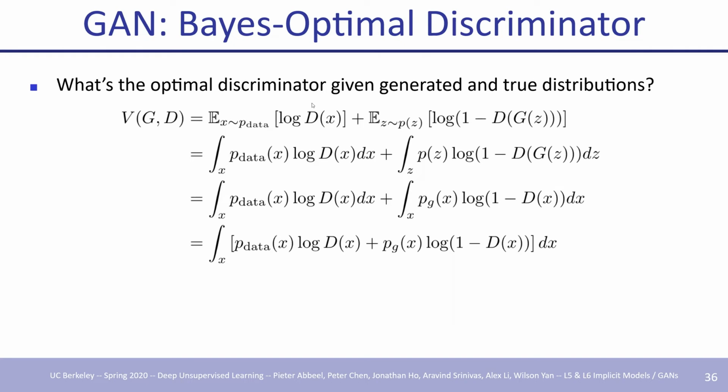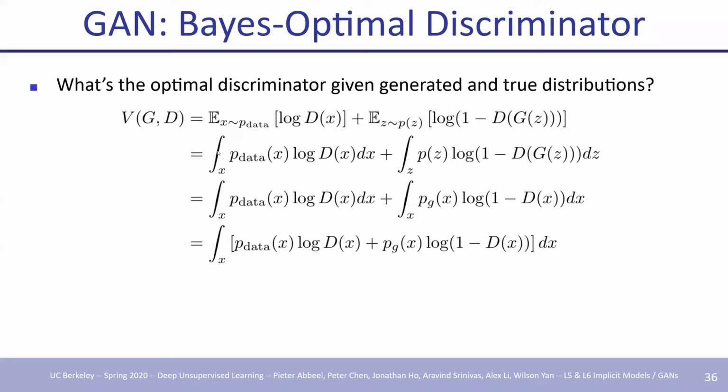We want the discriminator to classify the real images. And this part is the generated images: the expectation over Z from the latent space of 1 minus D, so that it can classify it as fake. So this is the real part, this is the fake part, right? This is the loss function that we looked at before.